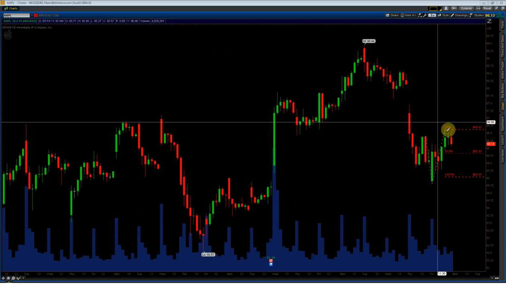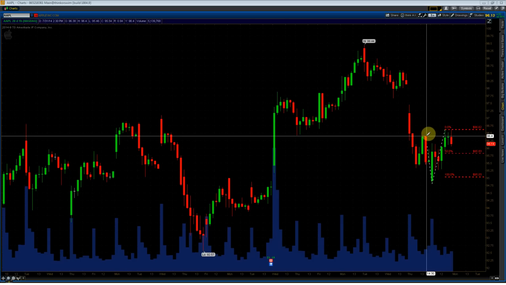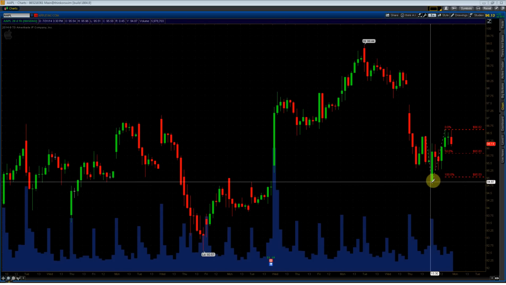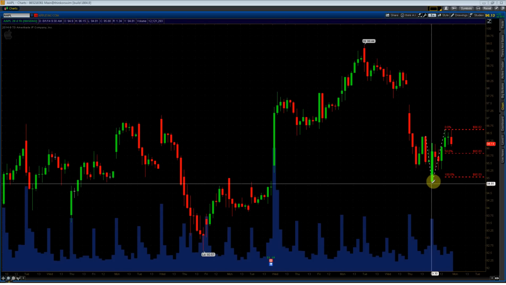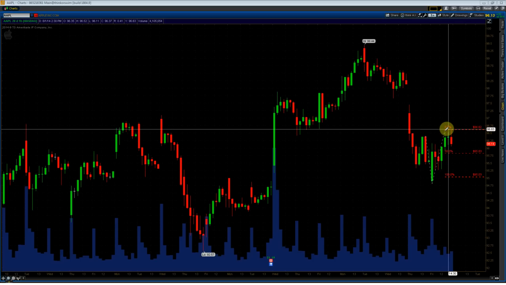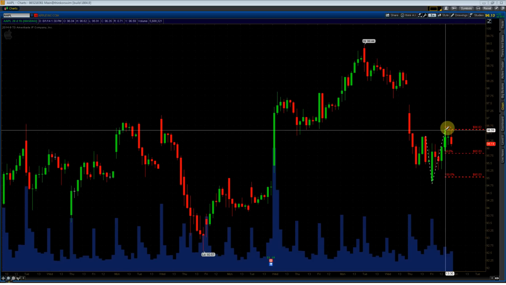So you can see here, marking from the high Thursday at about 2:30 to the low Friday morning at the open, and then to Friday's high of the day made there at about 1:30 in the afternoon.